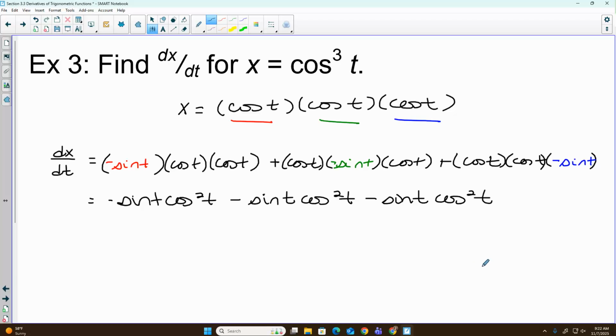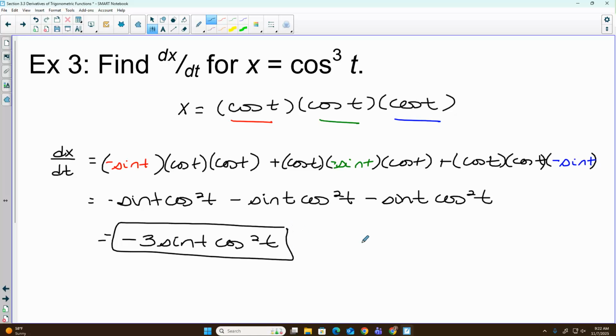And since those are like terms, we can add them all together, and we get... Any questions so far?